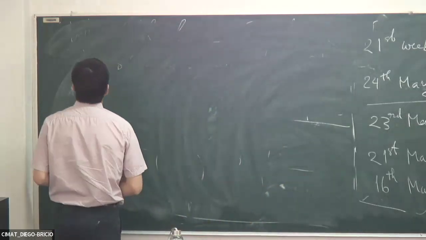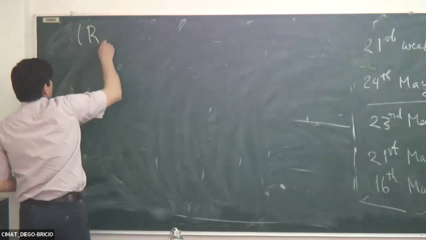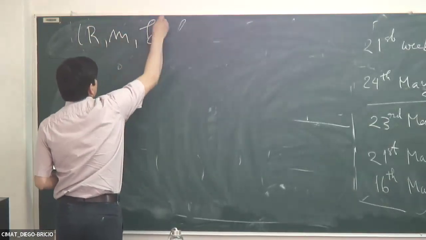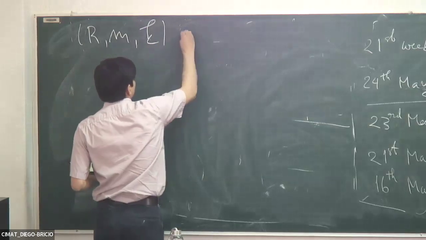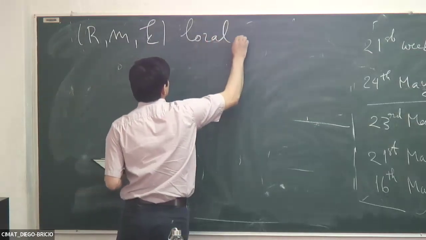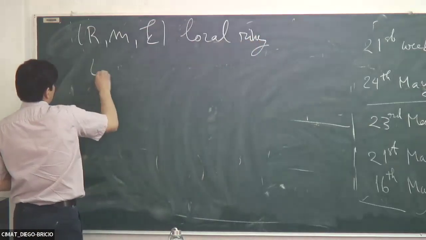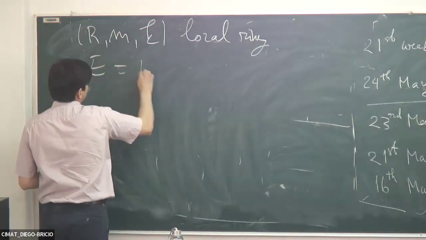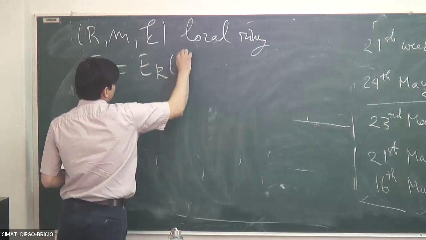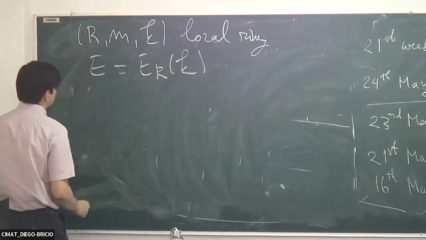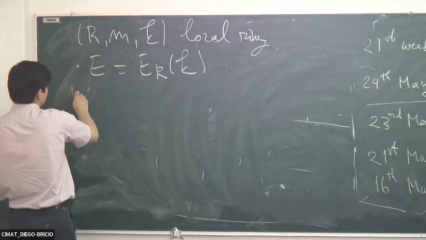So now let's take, let's say, a local ring, and let's take the injective hull of the residue field. This is something we have seen before.